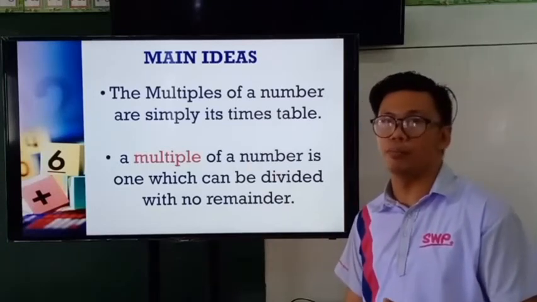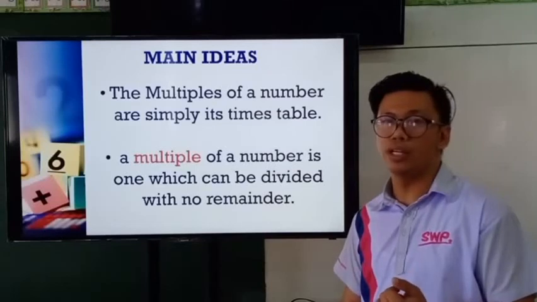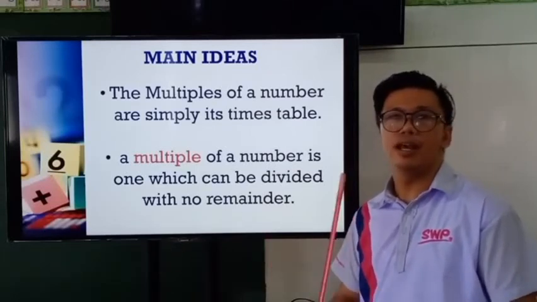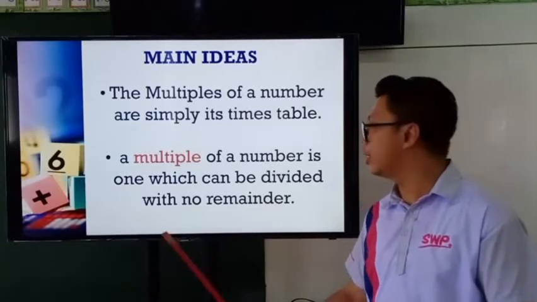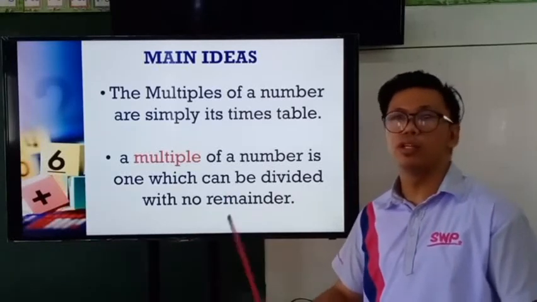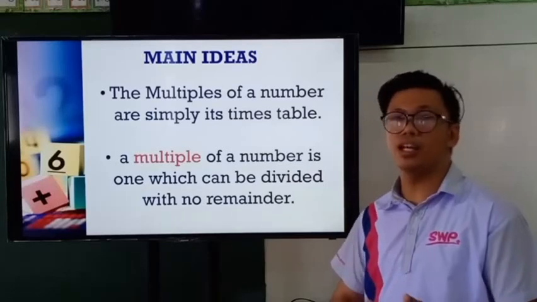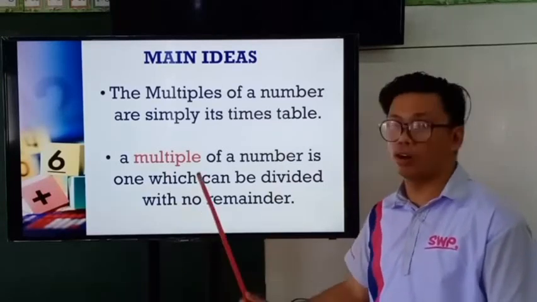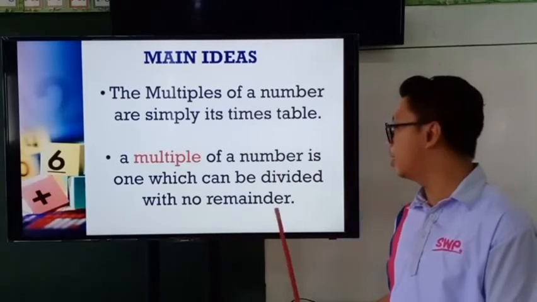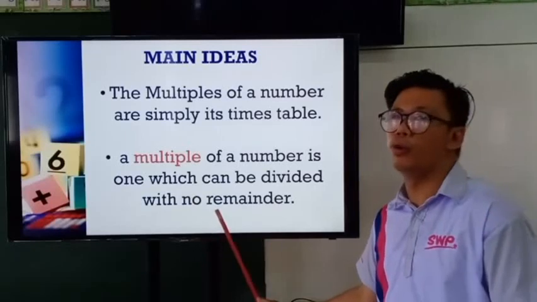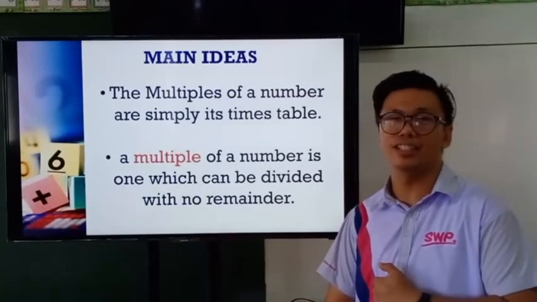For example, 2 divided by 2 is 1. 8 divided by 4 is 2. So that is called a multiple. If 7 divided by 2, the answer is 3 remainder 1. So we cannot call it a multiple because there is a remainder. So a multiple is only with no remainder. Did you get the correct answer?